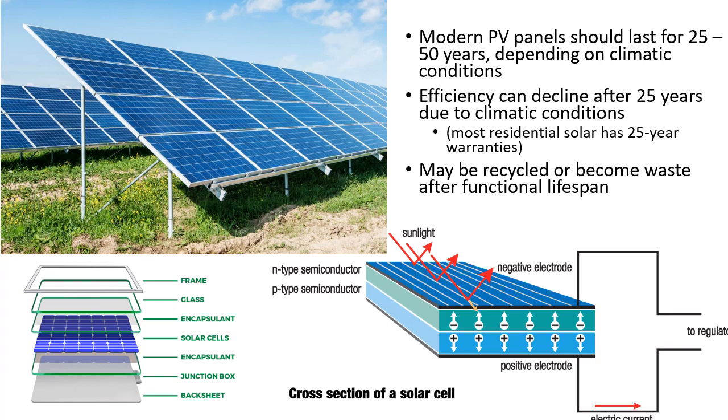However, the efficiency is going to decline throughout their functional lifespan, and some components may become waste or become recycled, depending on what happens to the solar panel at the end of its lifespan. Some materials are very easy to recycle in a solar cell. Some materials are very difficult, and it's very difficult to separate all of those materials so that you can even recycle the ones that are easily recyclable.